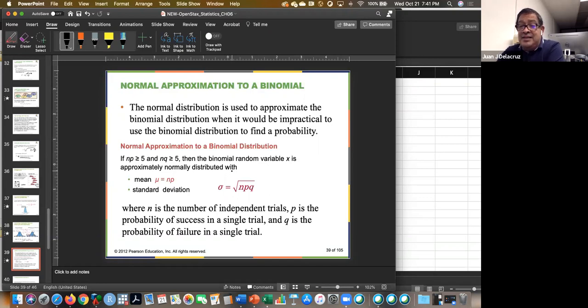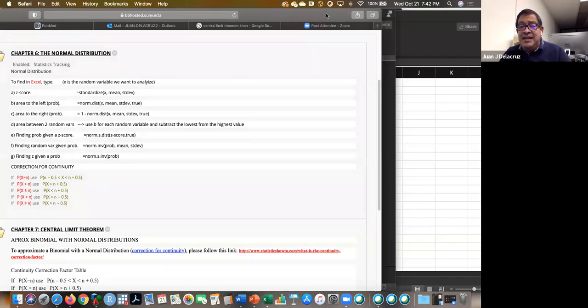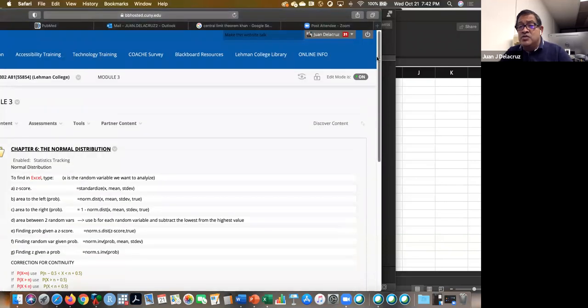So we can assume that we can use the normal distribution in order to find the area under the curve. We are going to make some provisions, and some of them have to do with this table. Please keep an eye on this, because that's the little information that we might need for understanding this problem. Okay, I will see you guys next class unless you have a question.